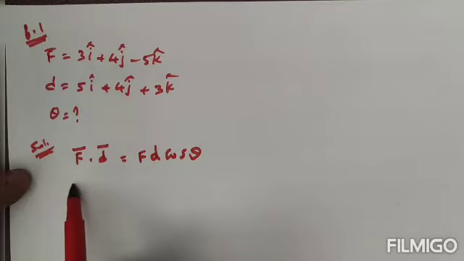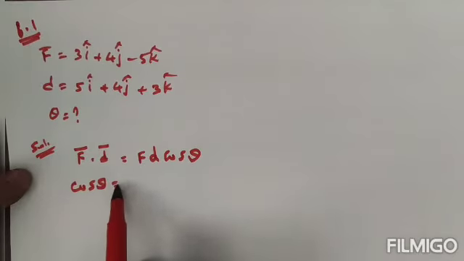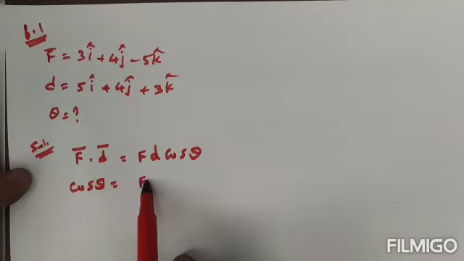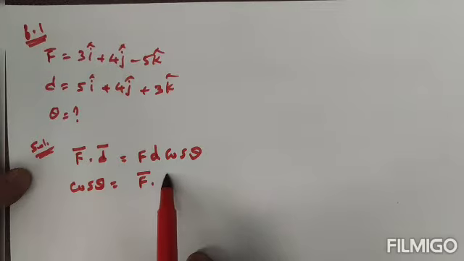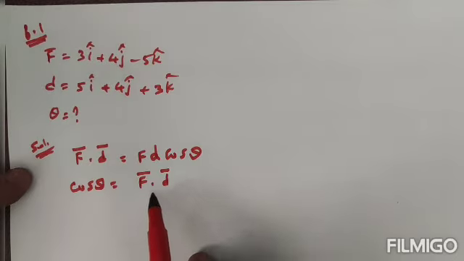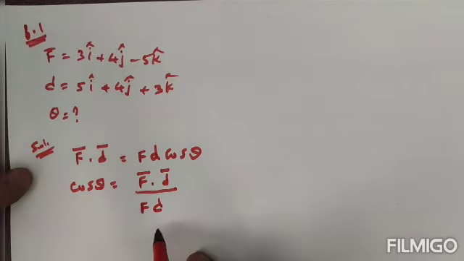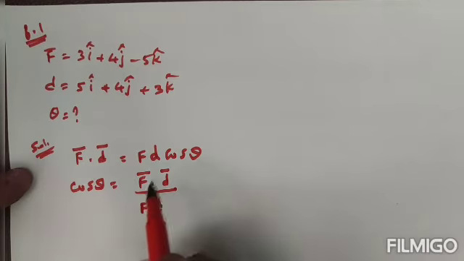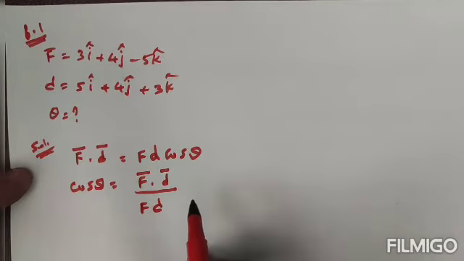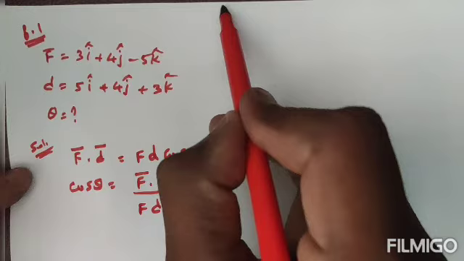Therefore cos theta is equal to the dot product of F vector and D vector, divided by the magnitude of F vector and the magnitude of D vector. After finding these values, we should apply them in this equation.